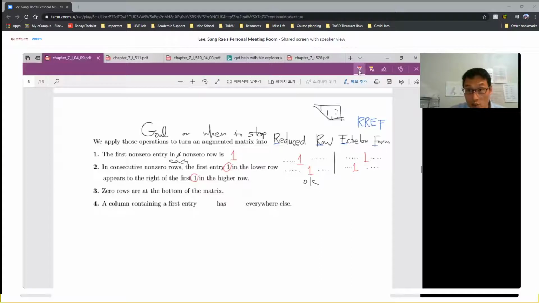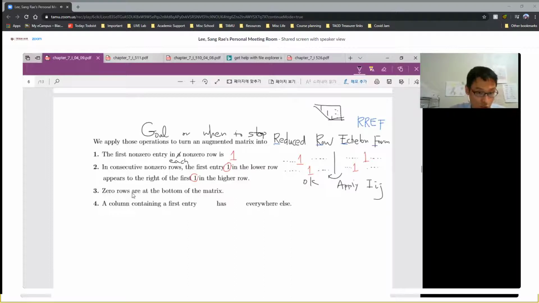In that case, you simply exchange. You can apply exchanging 2 rows, then you will get the first case. Apply interchanging 2 rows. This is what I meant in condition number 2.